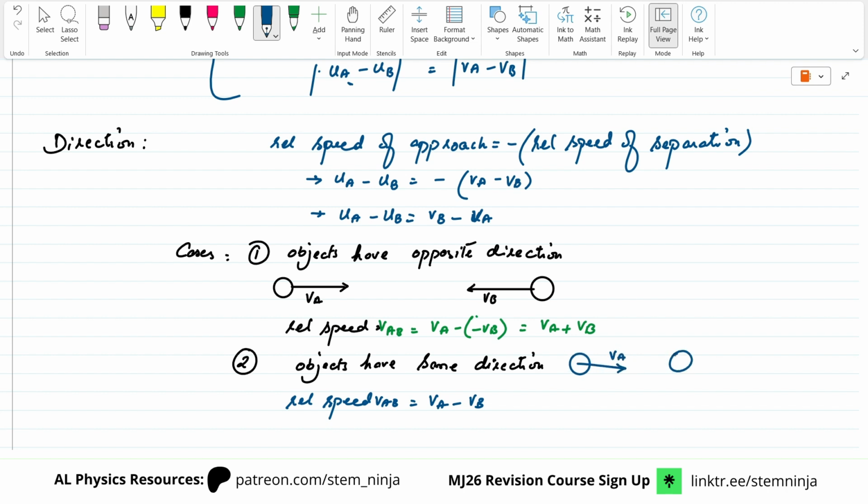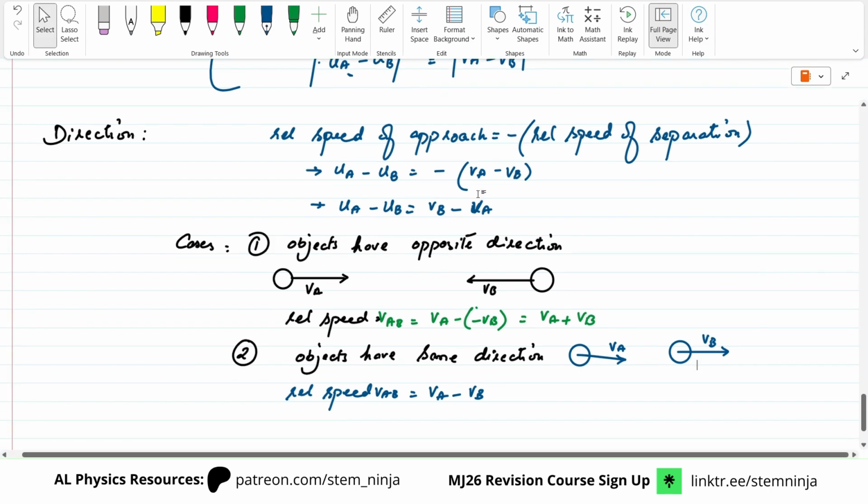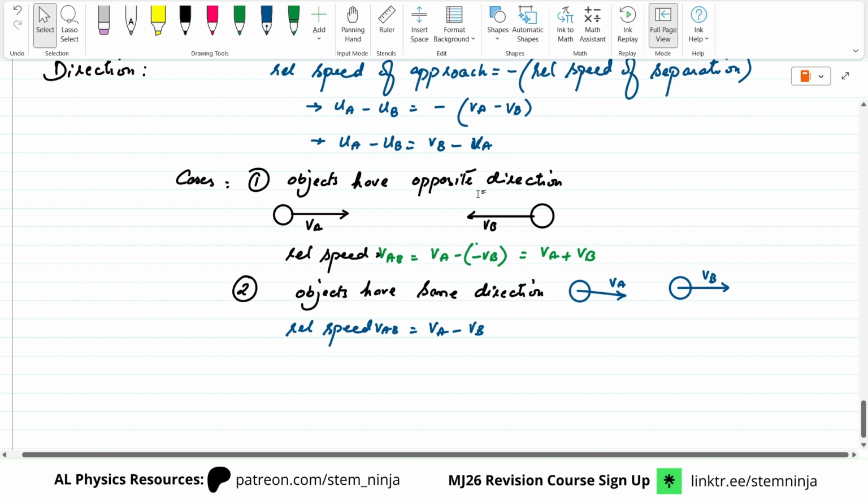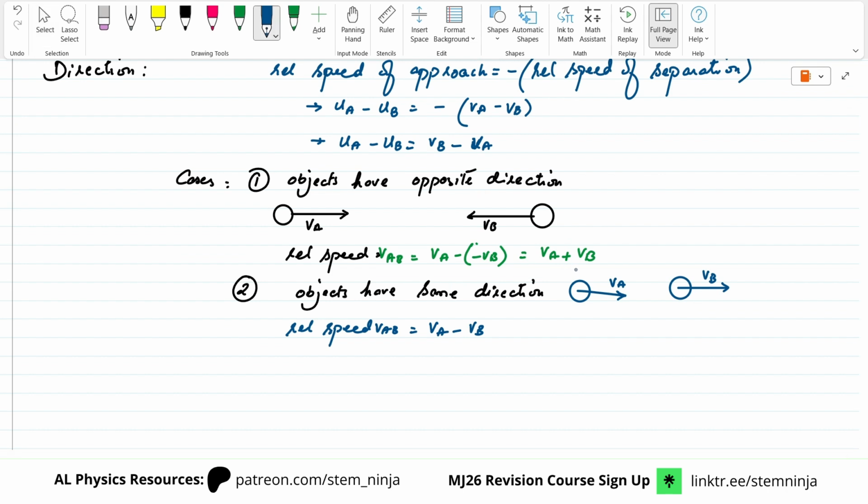So VA is in the same direction, VB is in the same direction. Now it doesn't matter what the speeds are, it would be the same. So speeds will be subtracted if they have the same direction, and if they have opposite directions, it will be added. But you don't have to remember that. You just have to remember this rule over here.